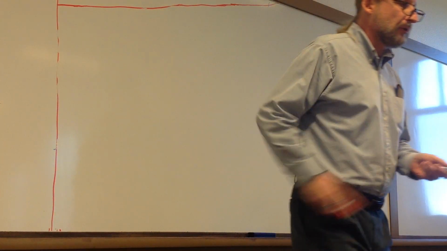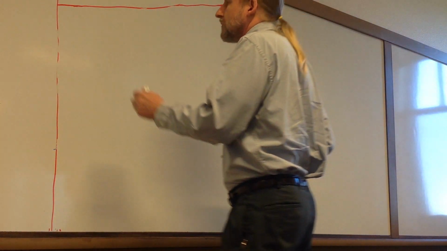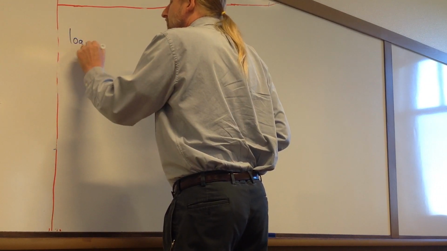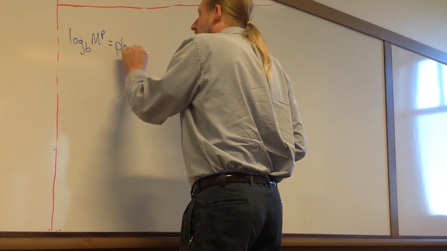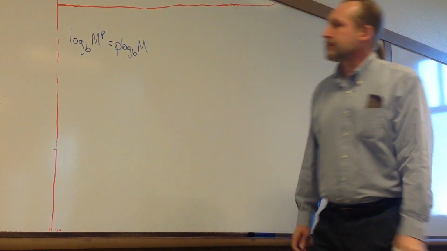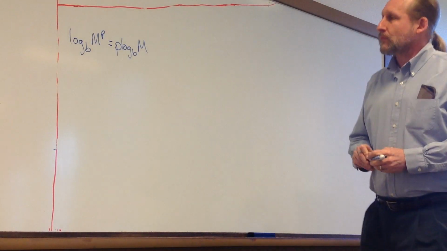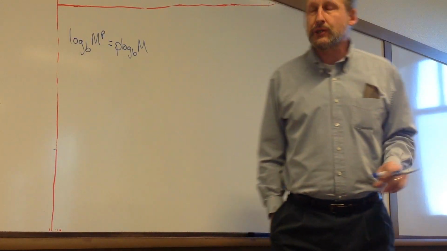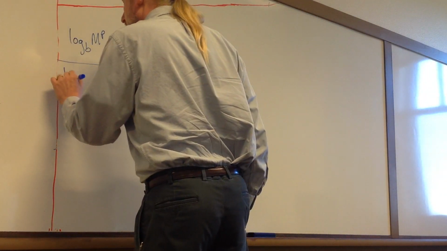Okay. So first off, in section 3.3, we talked about this property of logarithms that says if you take the log of something being raised to a power, then that power comes down in front as a coefficient, and we talked about why that is. So today, in solving these equations, we're going to talk about two more properties of logarithms.